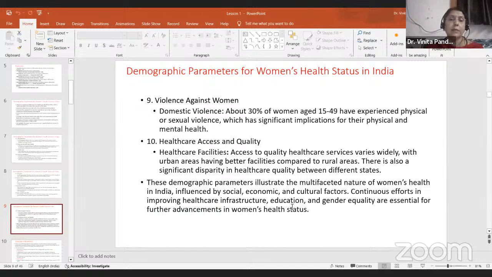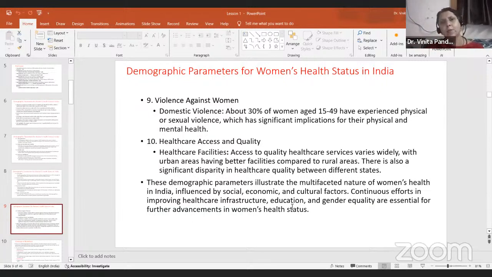naturally will hamper the mental health. Then, to what extent healthcare access is there, and what is the quality of the healthcare? So these are two different dimensions. Like, is the family, are the people, is women having a very comfortable, flexible access to healthcare?